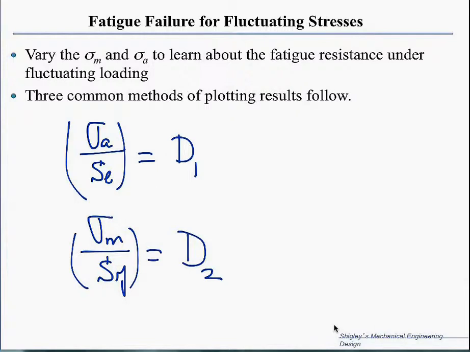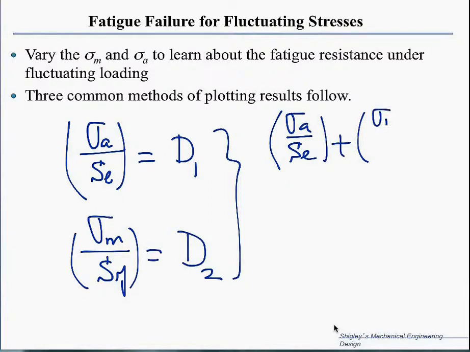Now, if we have both alternating and a mean stress, then we can combine these linearly or non-linearly, depending on the data. But if we suppose we combine them linearly, for example, D1 plus D2, that should give us an indication that we should not exceed 100% under any conditions. So that's basically the idea of how to combine the alternating and the mean stress in some fashion.